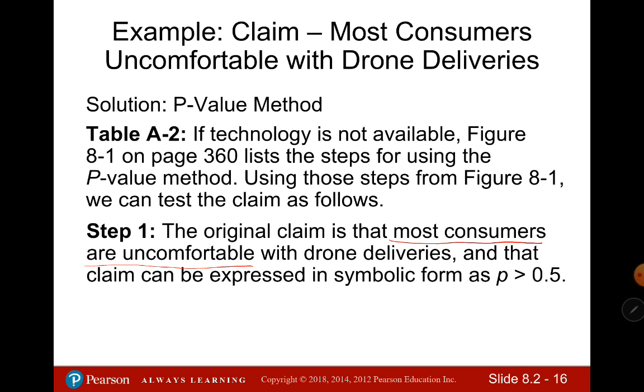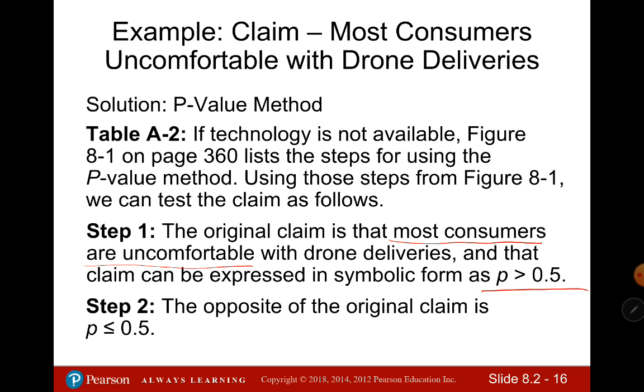The proportion is greater than half, so the symbolic form is p greater than 0.5. We will use decimals in our null and alternative hypotheses, not percentages or fractions. Sometimes maybe fractions.